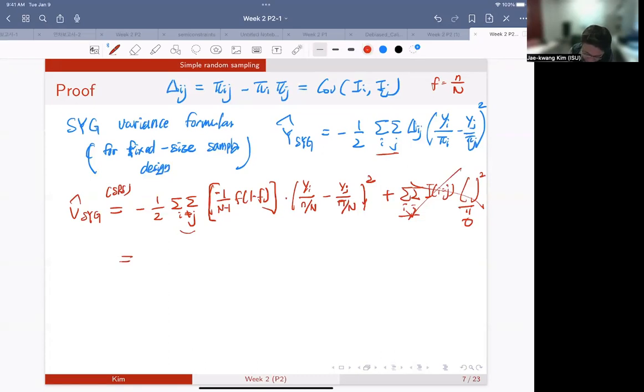Then you only have to simplify. So you have something like n minus 1, and then f times 1 minus f divided by f squared, and then the double summation.